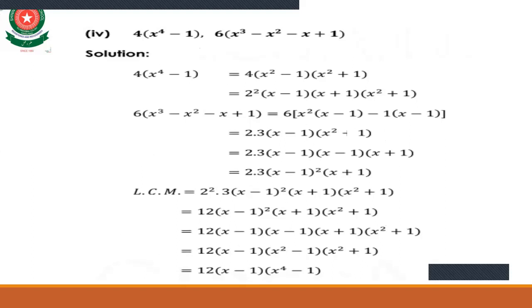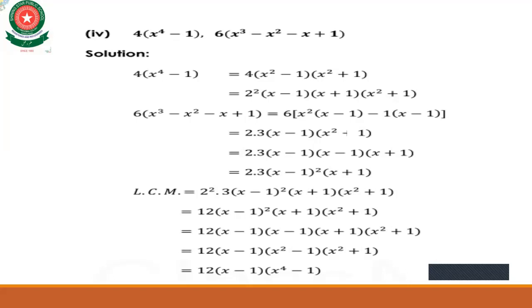Our next question is 4x power 4 minus 1 into 6x cube minus x square minus x plus 1. Here 4x power 4 minus 1, you can write it as x power 4 minus 1 square. Here the value of a is x square and the value of b is 1. So you can write it as x square minus 1 into x square plus 1.